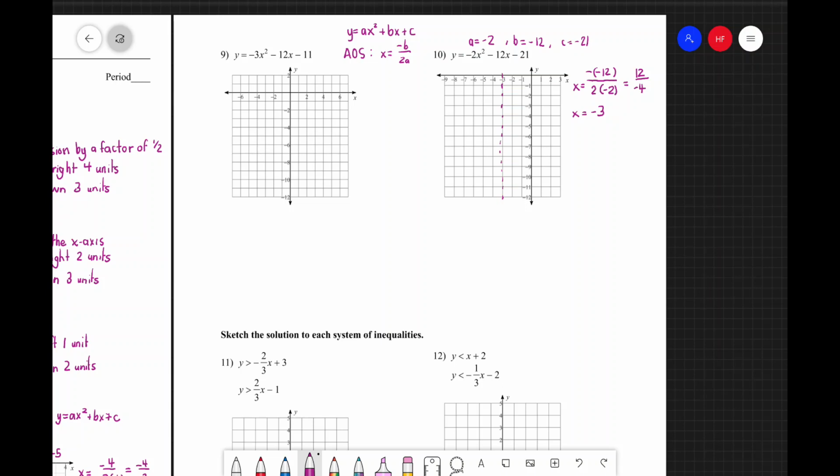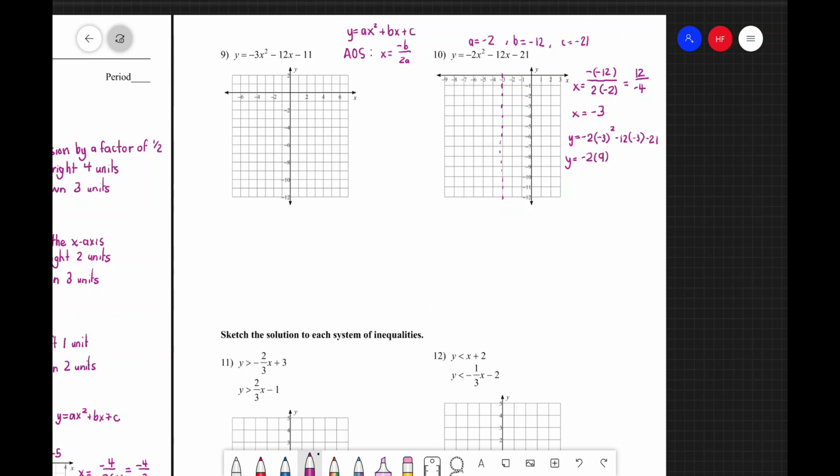And then to find the y value of the vertex, we'll plug in -3. So y equals -2 times -3 squared, minus 12 times -3, minus 21. Y equals -2 times 9, +9, because remember a square is taking the same number multiplying by itself.